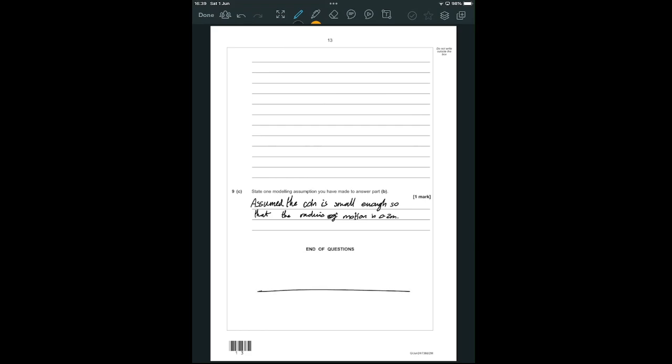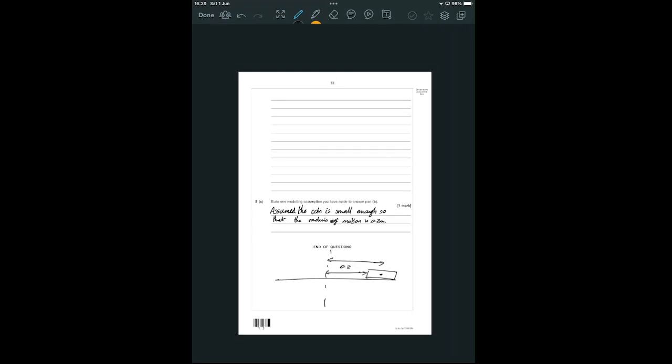You can imagine if we had a very large coin in relation, that even if that bit there appeared to be 0.2, the actual radius of motion would be quite a bit bigger. It'll be whatever 0.2 plus the radius is. And if you're only 20 centimeters, if you've got a 1 centimeter diameter coin, that's going to make a sufficient difference to some of the model.